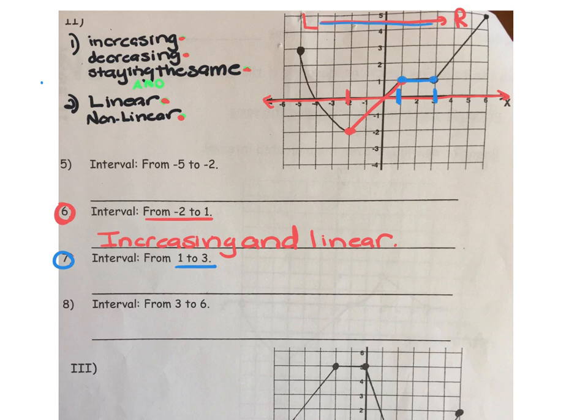As we move from left to right, we can see that the function is staying the same, and we also have to determine if it's linear or nonlinear. Since it's a straight line, we can also make the statement that it is linear.